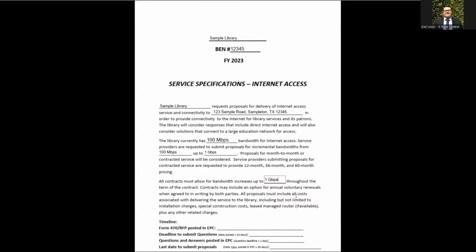Additionally, there are some other provisions that may be included within the contracts that this service specifications document is seeking, such as voluntary renewals that may allow the library to renew their contract for 12-month periods at the end of the contract.